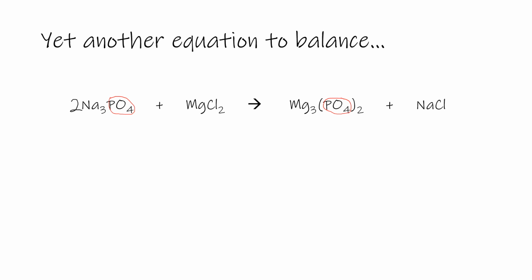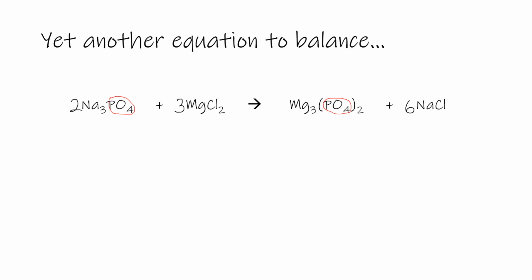We need 6 on the product side. So I can put a 6 in front of the sodium chloride. That gives me 6 sodium. Now sodium is balanced, and phosphate is balanced. Let's look at chlorine. You have 6 from sodium chloride on the product side. To get 6 on the reactant side, I would need to put a 3 in front of the magnesium chloride because chloride in this compound has a subscript of 2.